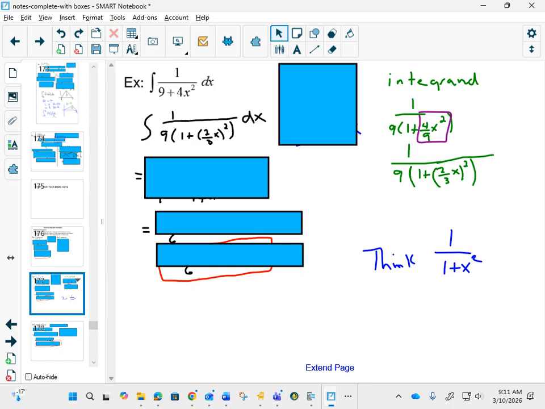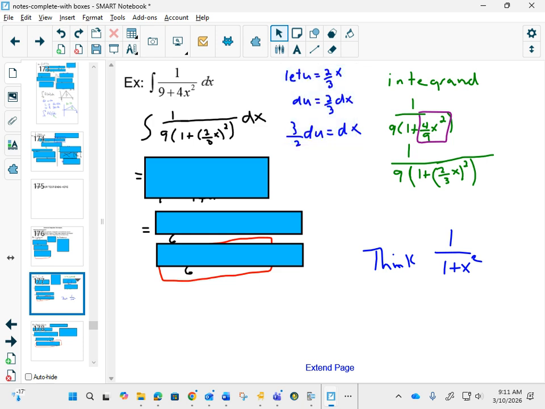I rewrite it like this, and then I notice that if I make a u substitution for that 2/3 x, then life can be very nice. In this case, I got the dx by itself.